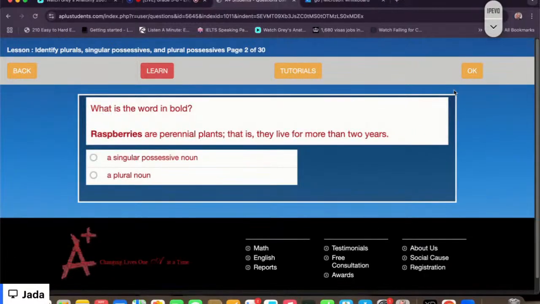So raspberries are perennial plants, that is, they live for more than 2 years. So is this a singular possessive noun or also a plural possessive noun? Plural noun rather.